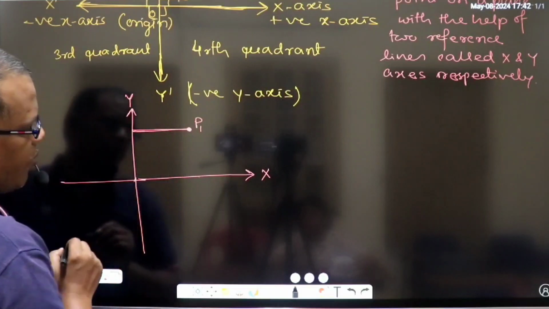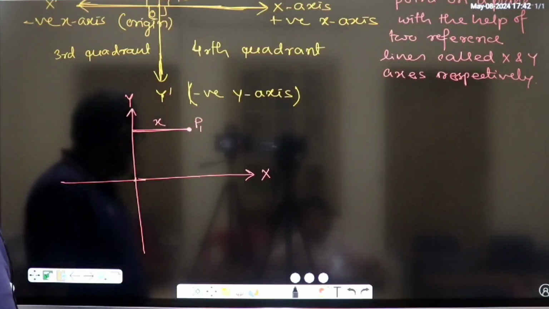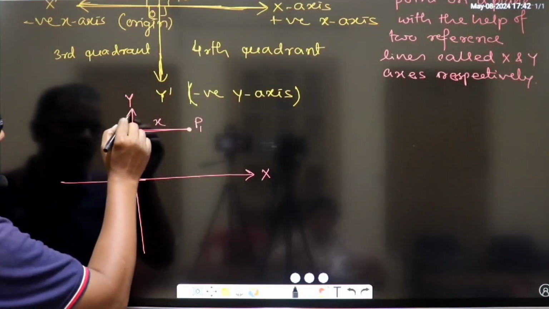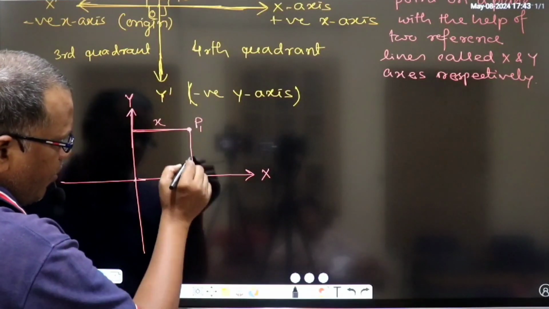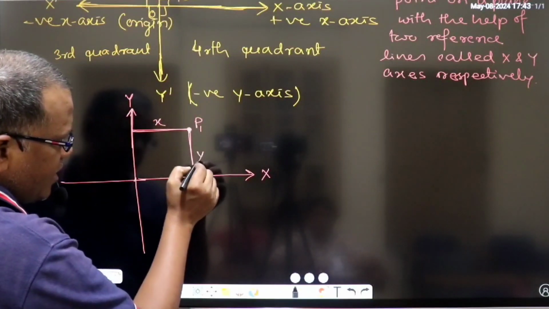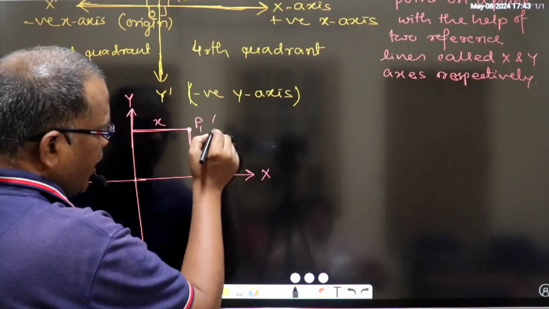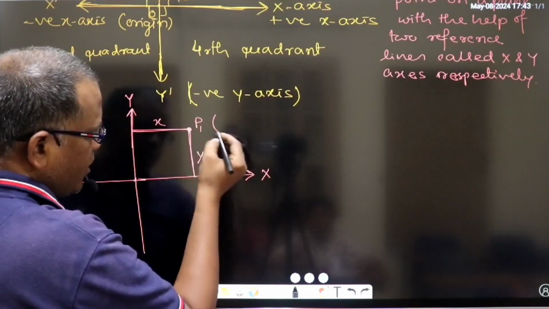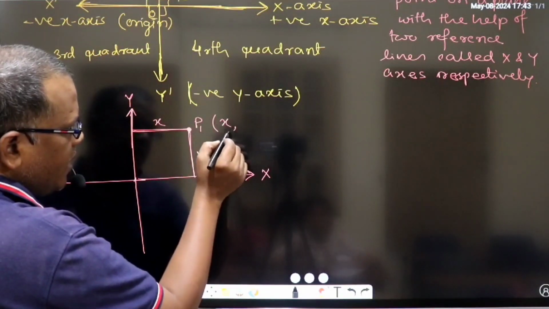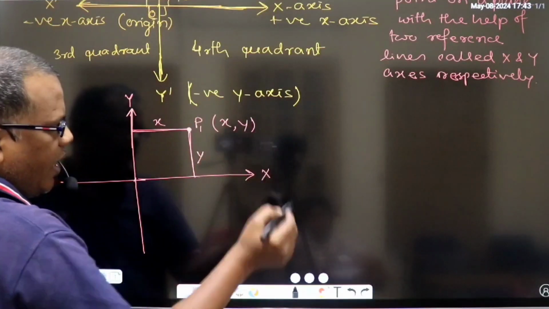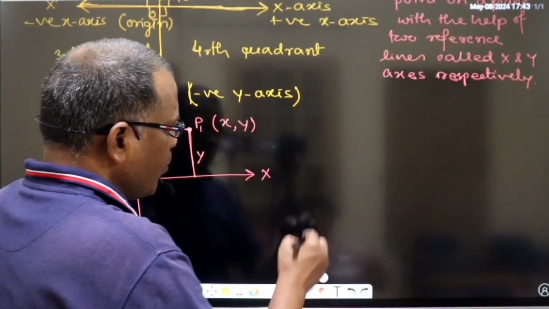The distance of a point from the y-axis is called its x-coordinate, and the distance of the same point from the x-axis is measured as its y-coordinate. So any particular point on a coordinate plane is expressed with the help of measurements of how far it is from the y-axis and how far it is from the x-axis. That's why a point is said to be an ordered pair of real numbers, right?